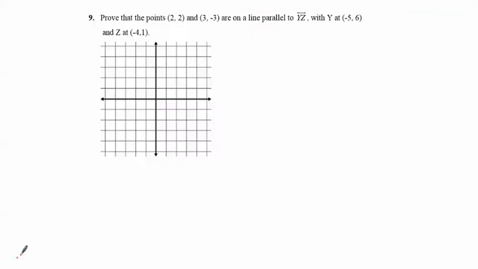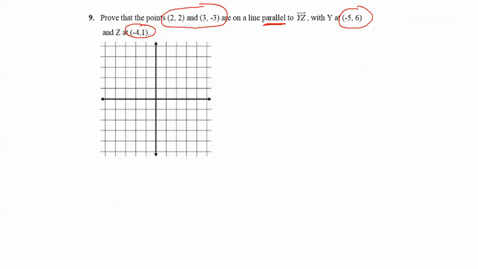The next problem: prove that these two sets of points fall on a line that's parallel with the other two sets of points, which are negative 5, 6 and negative 4, 1. They do give you a graph for you to plot these points and help you visualize the lines.